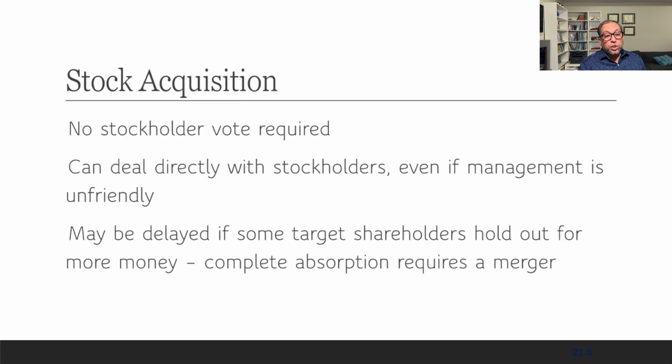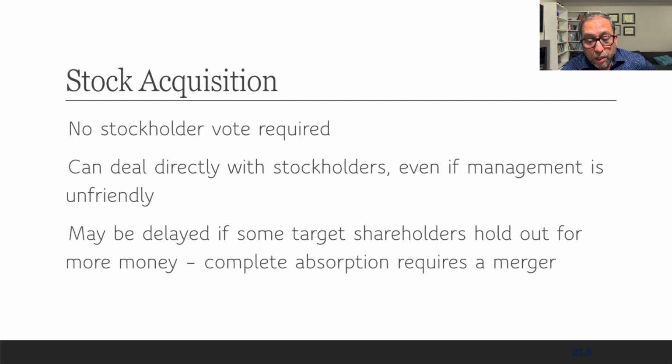In stock acquisitions, no stockholder vote is required because you are buying stocks from the market or by bidding. For mergers, there is a requirement that the shareholders vote for it. You can deal directly with the stockholders even if the management is unfriendly. You gradually buy the stocks from the stockholders without involving the management. It may be delayed if some target shareholders hold out for more money.